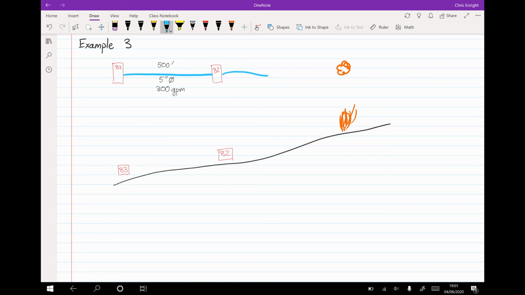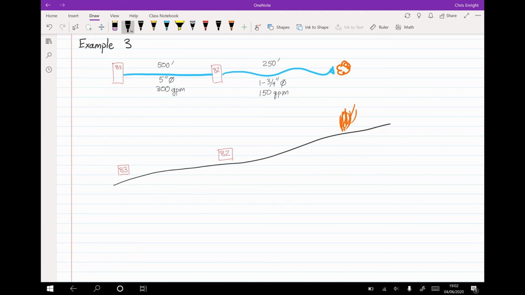Next, we've got another 250 feet or so to deliver water to the fire itself. So 250 of 1 3/4 attack line, and that's only flowing at 150 GPM.